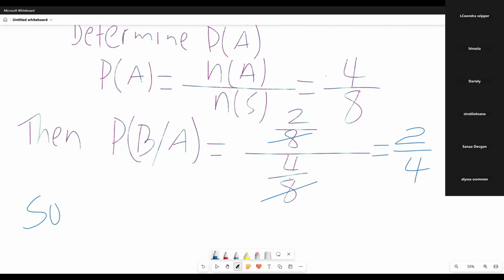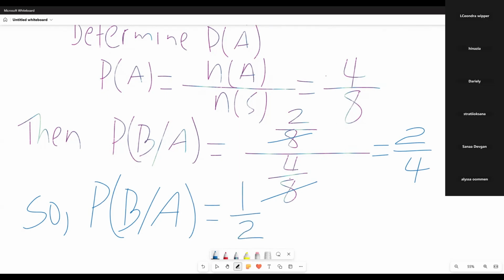So P of B given A, simplifying here, that would be 1 over 2. Got it? Yes.